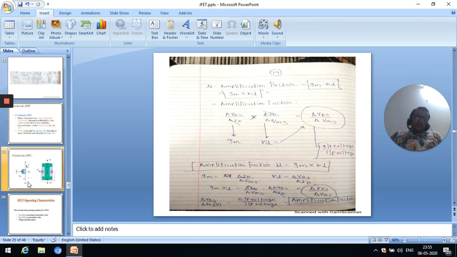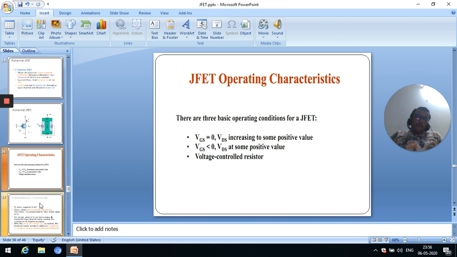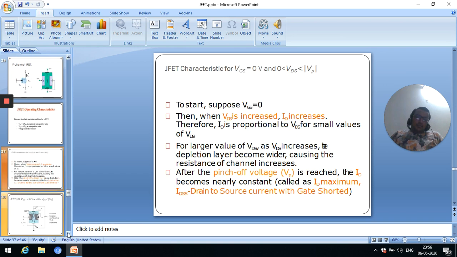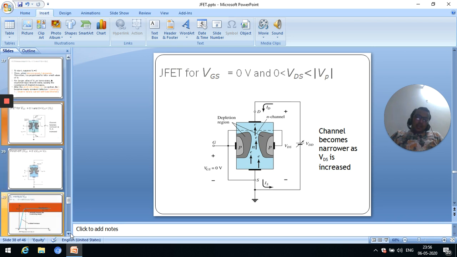See this, the characteristics of the p-channel JFET I have already explained. VGS equal to 0 gives maximum current flow, but here see this, this one is for the n-channel JFET.